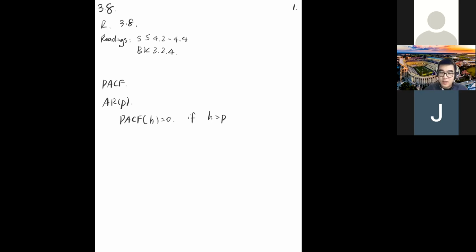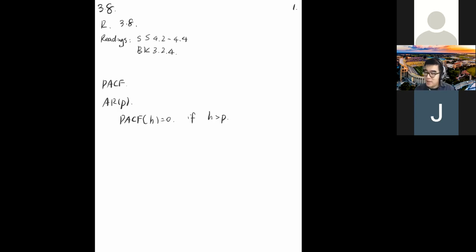I provided the intuition of why this is the case in the last class. When you want to study the PACF of order h, since you do not include xt minus h in your regression model, the coefficient has to be 0. So the PACF of h is equal to 0 if h is larger than p. That's the intuition. I won't give the proof here, because it's not that important.